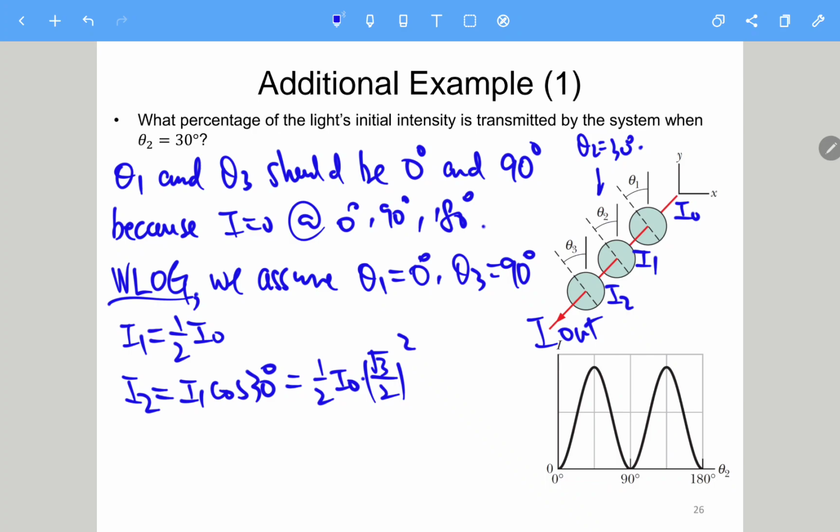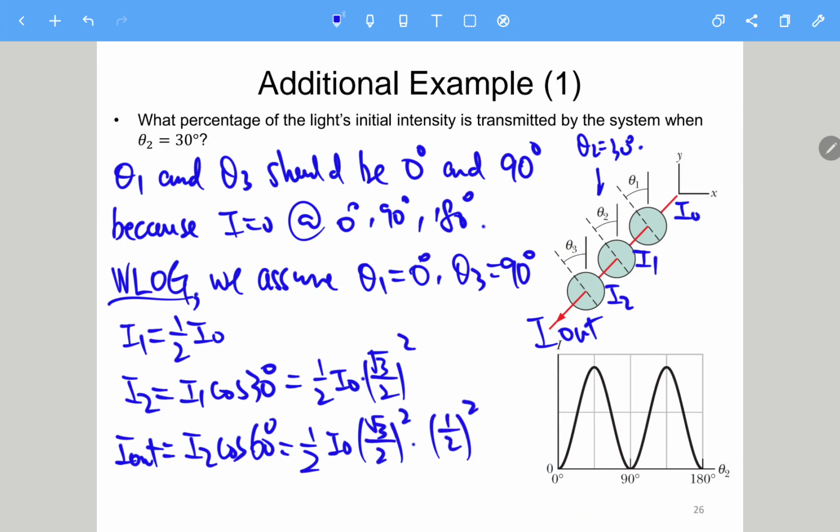And then for I out, it should be I2 times cosine squared of 60 degrees, which is 1/2 I0 times the quantity square root of 3 over 2, squared, times the quantity 1/2, squared.